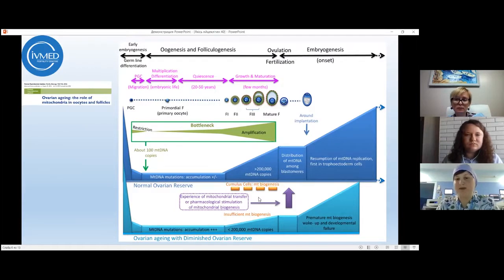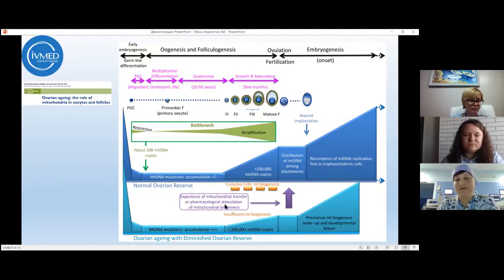In young people, the number of mitochondria can be more than 200, and the number of mitochondrial DNA copies we can see in the egg reflects this. In old patients, we have much less mitochondrial DNA. Actually, it's around 100 and sometimes even less.